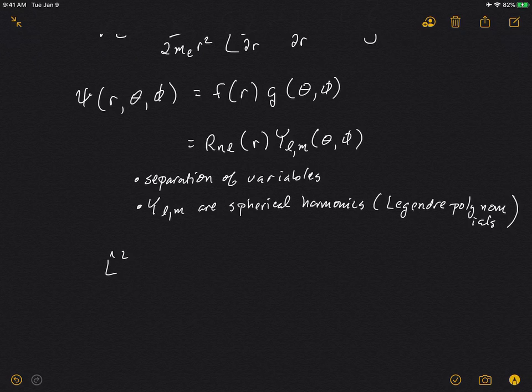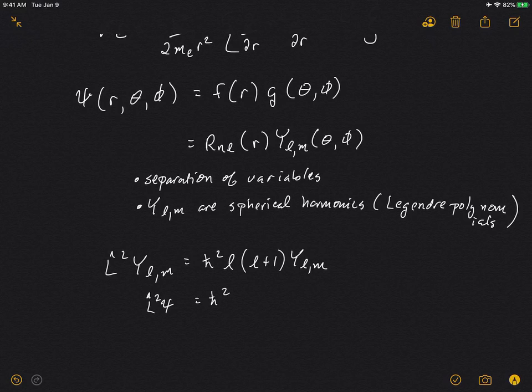We already know that L squared acting on Y_lm is h bar squared l times l plus 1 Y_lm, and therefore if this is true of the spherical harmonic, and the wave function psi is a product of some radial part that has no angular dependence and a spherical harmonic, then this would also be true: L squared acting on psi would also be h bar squared l times l plus 1 psi.